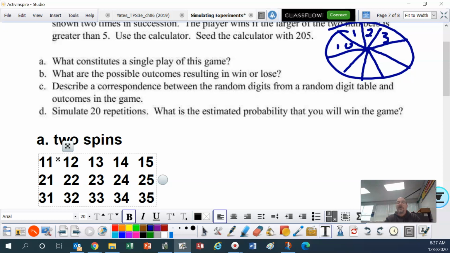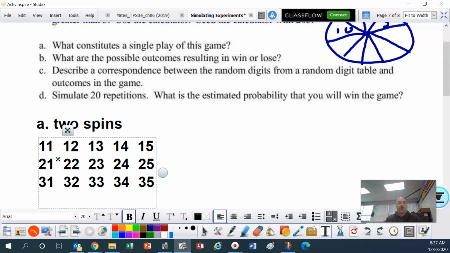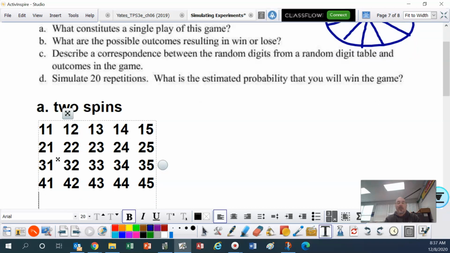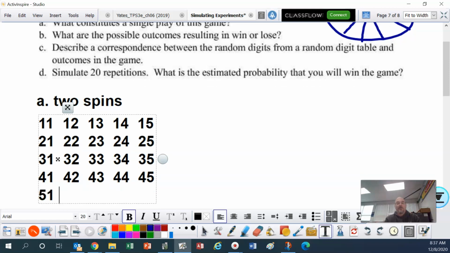Again, anything 5 or less. 4-1, 4-2, 4-3, 4-4, 4-5. And then 5-1, 5-2, 5-3, 5-4, 5-5.